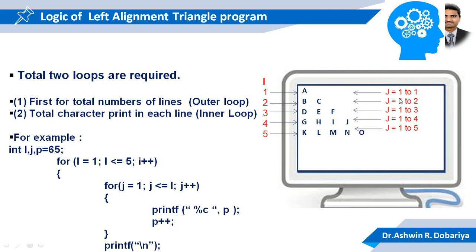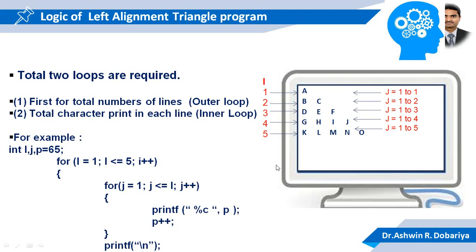It means j is equal to 1 and up to 2. In the third line we want to execute the inner loop 3 times. So j is equal to 1 and up to 3. So if we analyze the starting value of j, it is starting from 1 and the ending always depends on the line number, right? So here j is equal to 1, j less than or equal to i, and j plus plus.